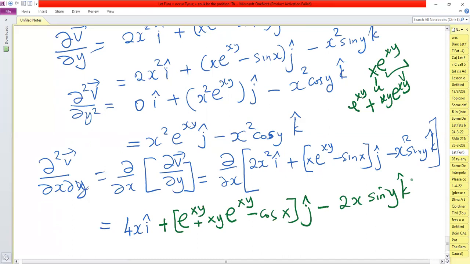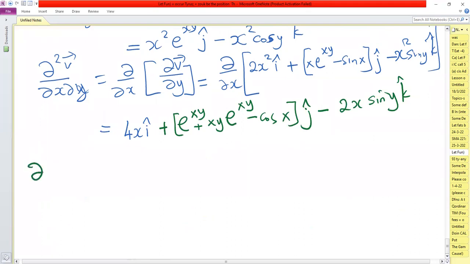So that is partial squared v partial x partial y: 4x i plus (e raised to power xy plus xy e raised to power xy minus cosine of x) j, and then minus 2x sine of y k.